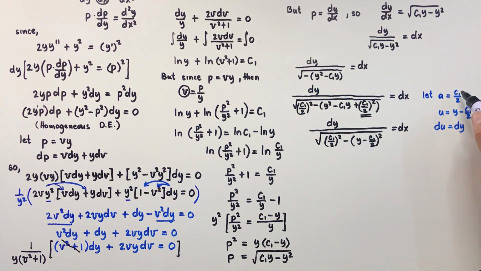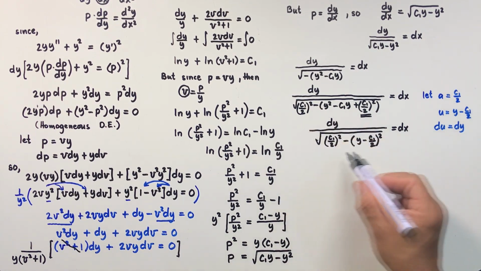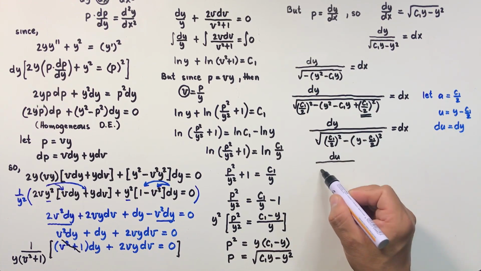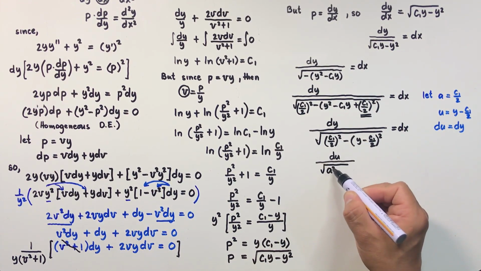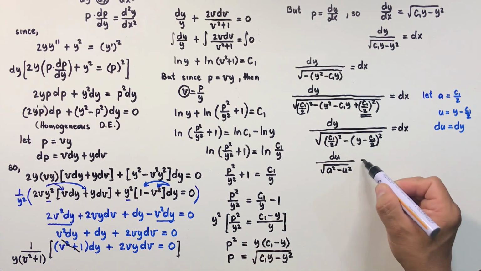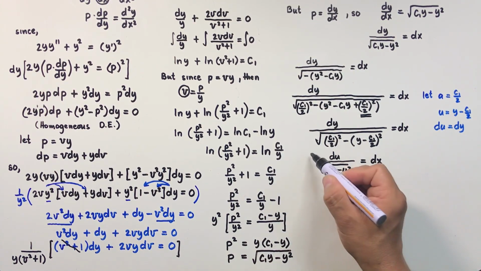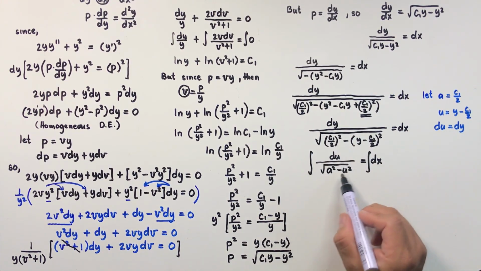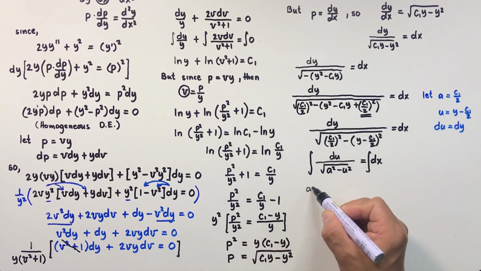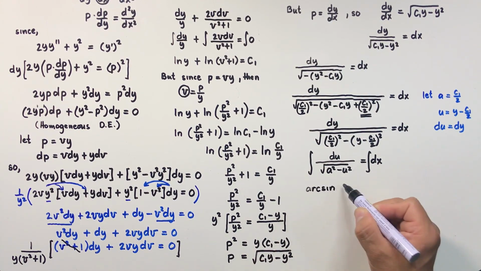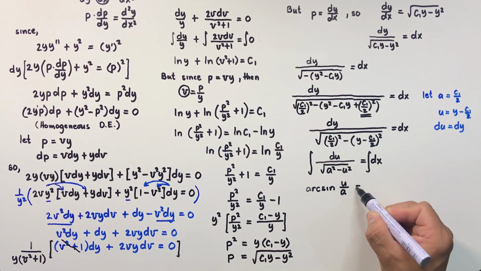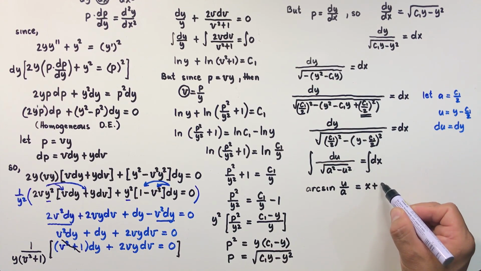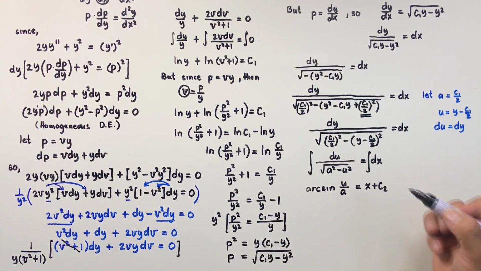So substituting these representations to this fraction here, we have du over the square root of a squared minus u squared, and therefore we can now easily integrate these terms here, because we know the integral of this one is equal to the arc sine of u over a, which is equal to x, the integral of dx, plus the constant of integration c sub 2.